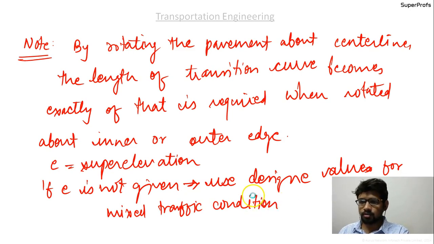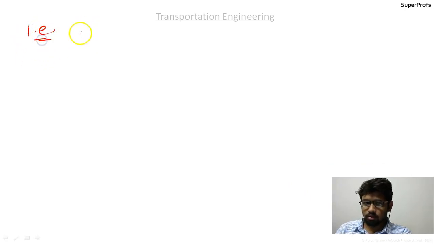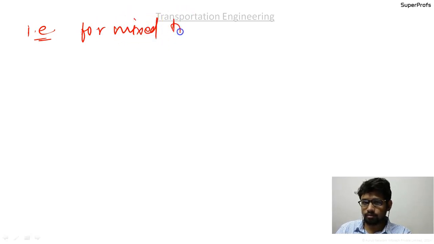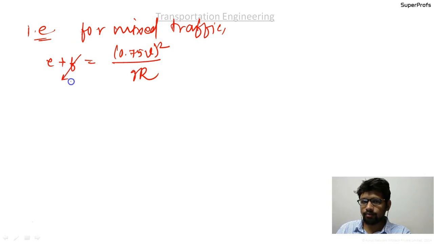So what does this mean? This means that for mixed traffic, E plus F equals 0.75 V square upon gR, and F equals 0 since it is equilibrium super elevation.